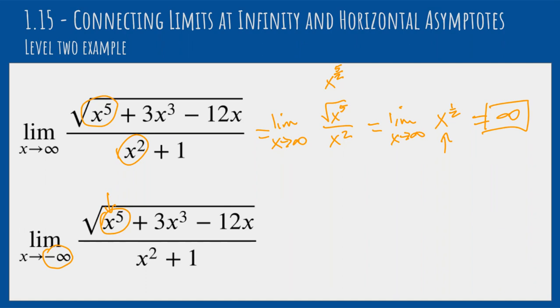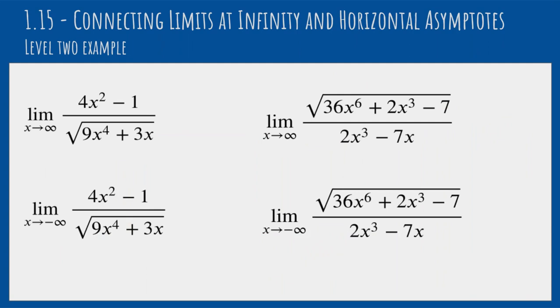And when we try to take the square root of a negative, we get imaginary numbers. So big negative numbers are not even in the domain of this function, which means this limit is not going to exist. Okay, so if we were to graph this function, we wouldn't even have a graph for large negative numbers for x.